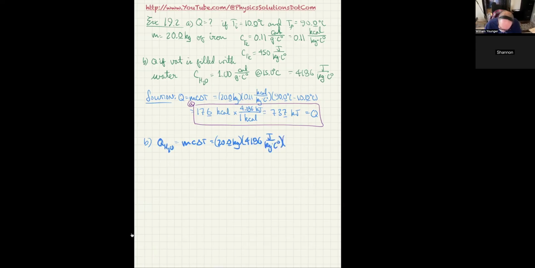Now, again, this is going to go from 10 degrees Celsius to 90 degrees Celsius. So we're going to do 80 times 4186 times 20, and that gives me 6.70 times 10 to the 6 joules.